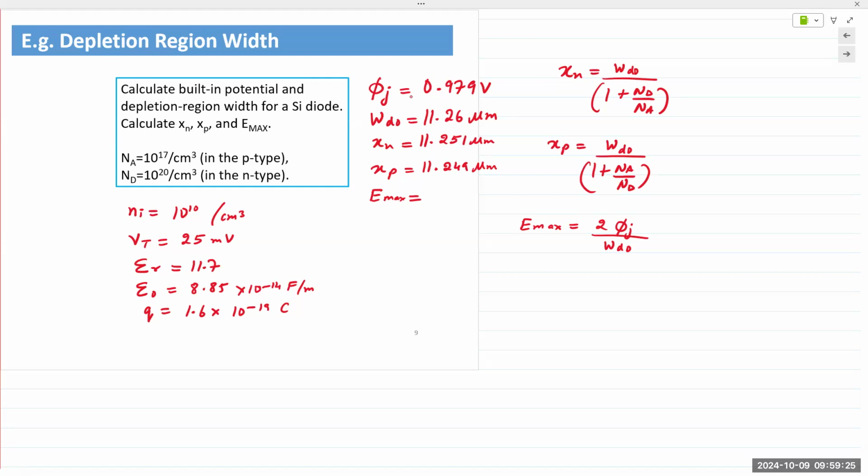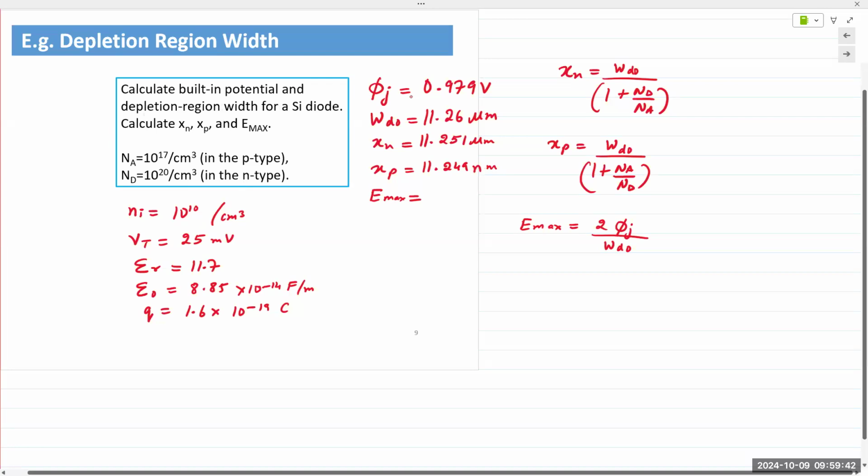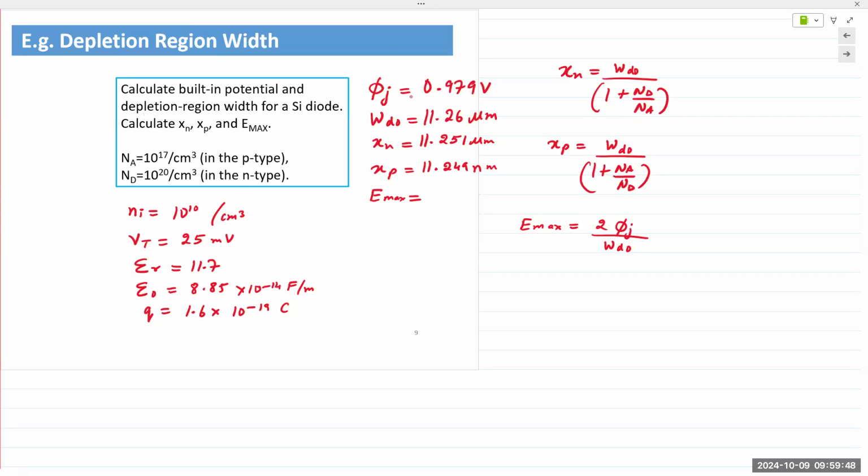Is that what you're saying? Yeah, or 11.249 nanometers. 2.249 nanometers. Anyone else? Nanometers? Okay. How about XN? Oh wait, XN was the nanometers, yeah.